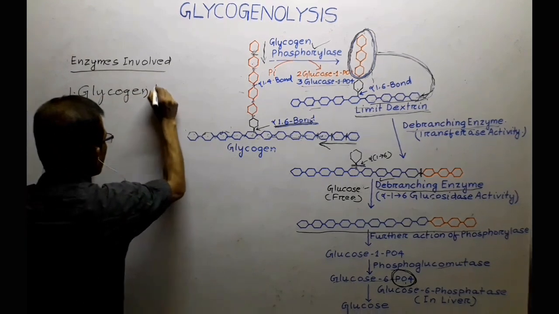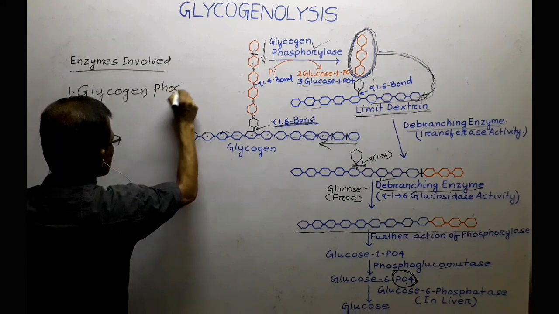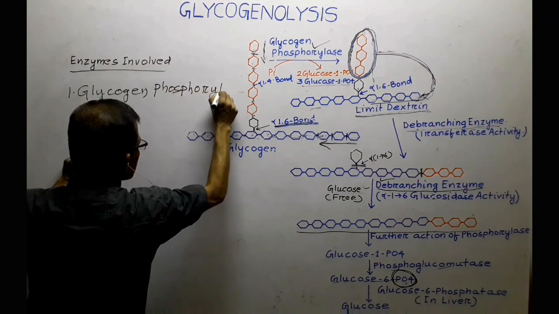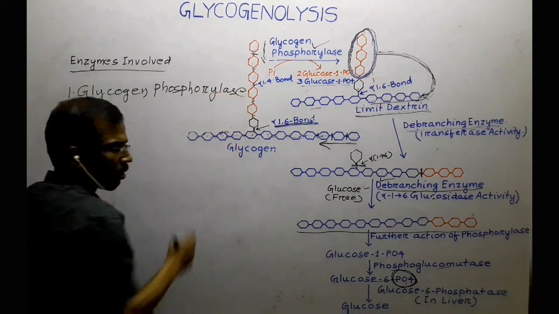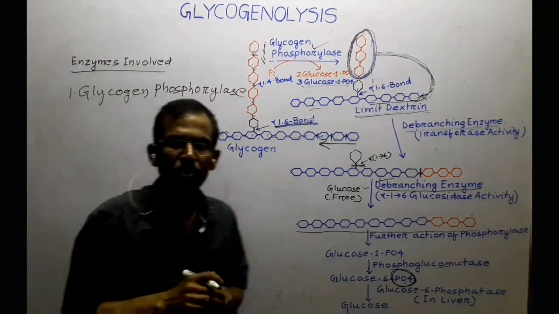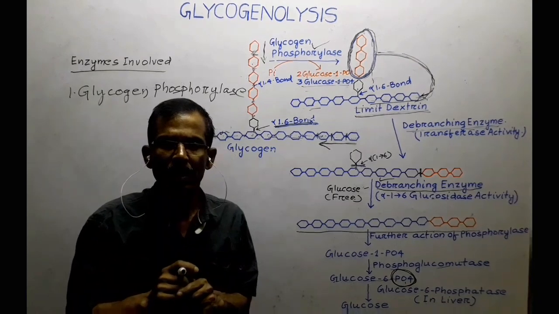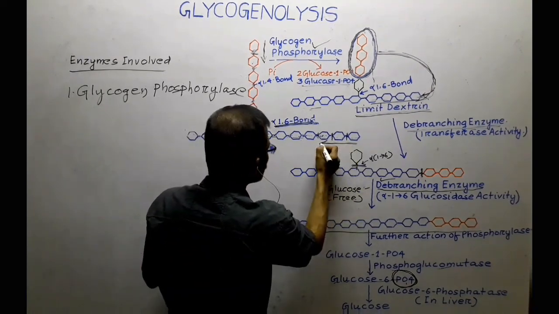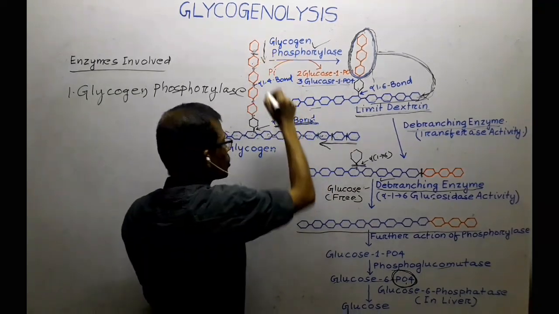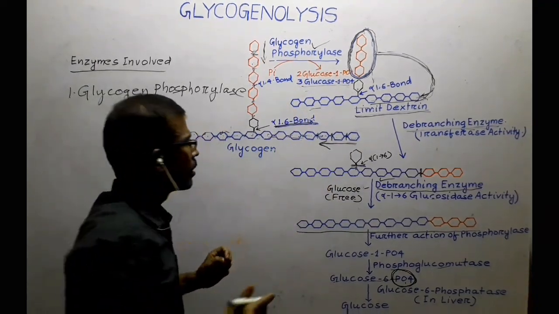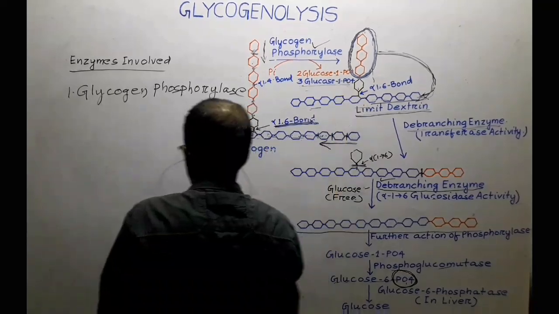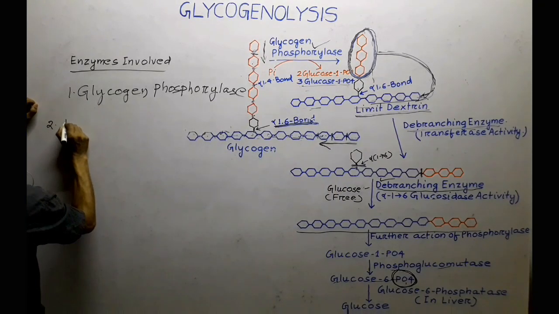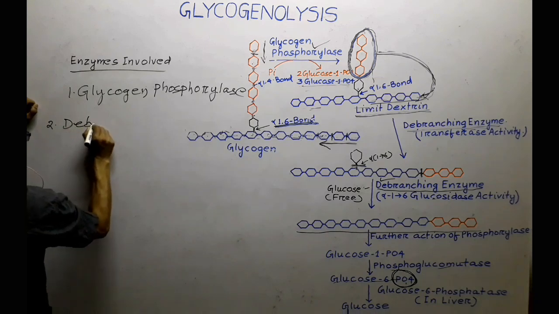This enzyme catalyzes the cleavage of alpha-1,4 glycosidic linkages sequentially from the non-reducing ends of a glycogen molecule, yielding glucose 1-phosphate. The second enzyme is debranching enzyme.